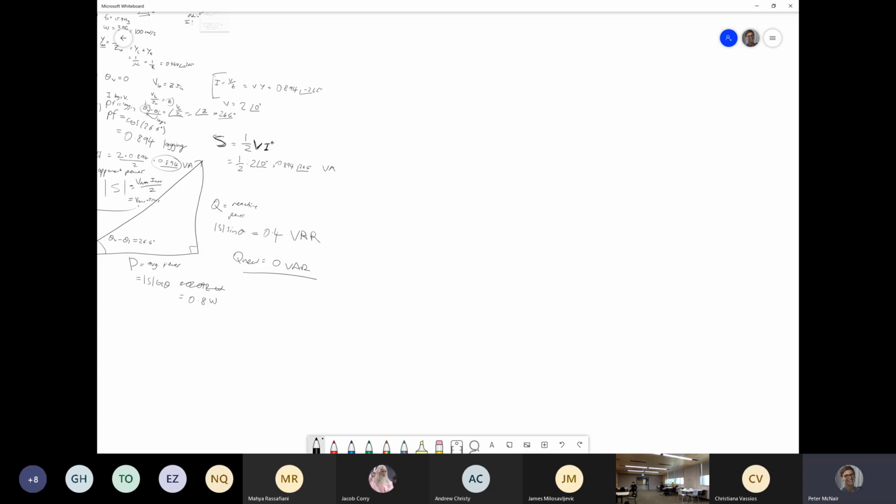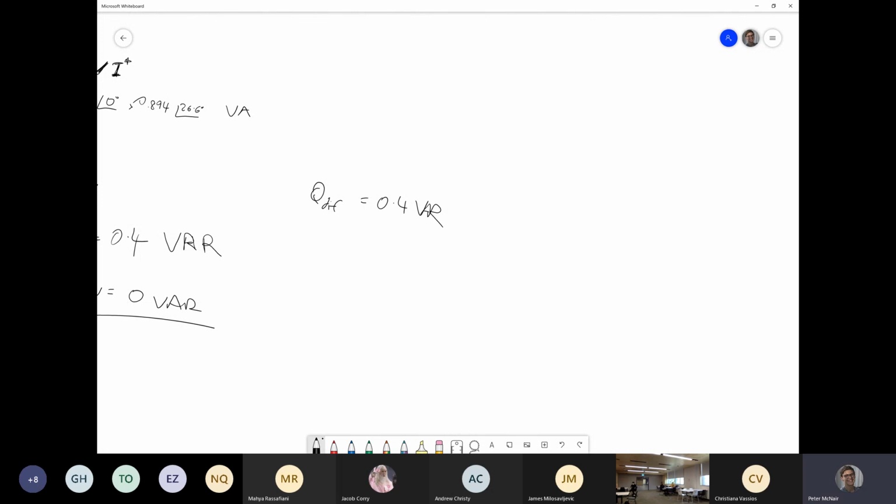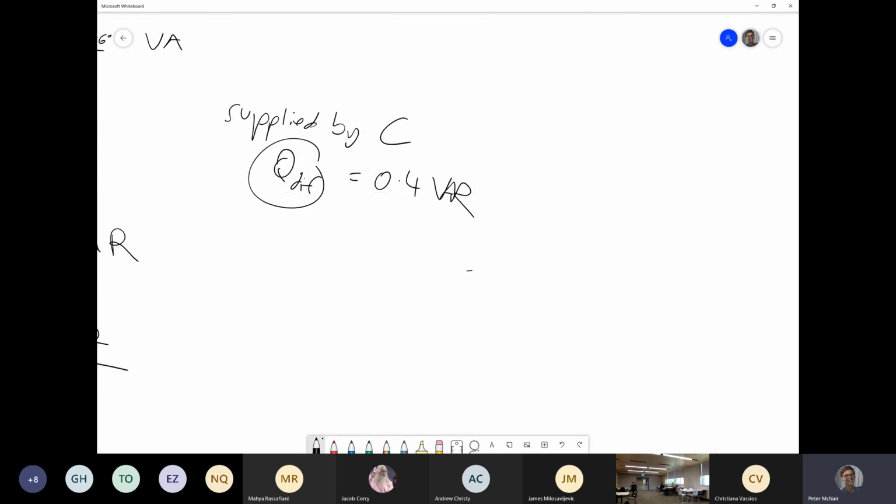So looking at that, that means that our Q difference is equal to 0.4 volt amps reactive. And what we're saying is this has to be supplied by a cap. So this is supplied by our parallel capacitor.